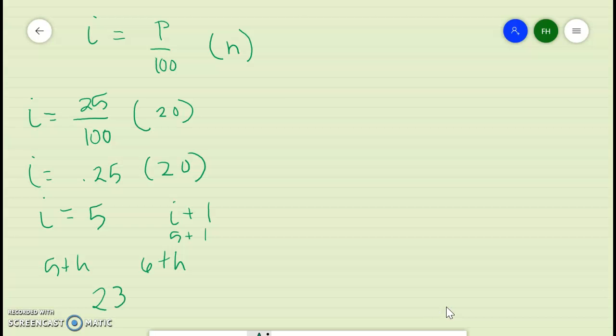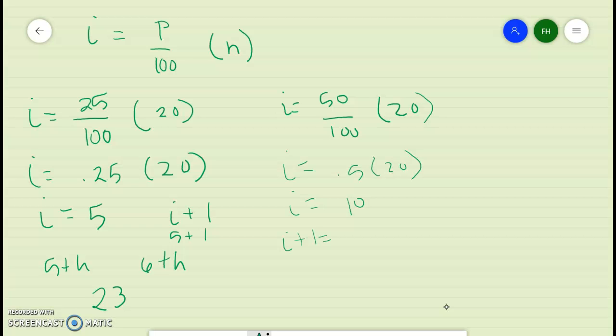Now if you want to do the 50th percentile, you're going to get 0.5 times 20. This time you get a whole number, 10. So you're going to do the 10th position, and 10 plus 1 would be the 11th position.